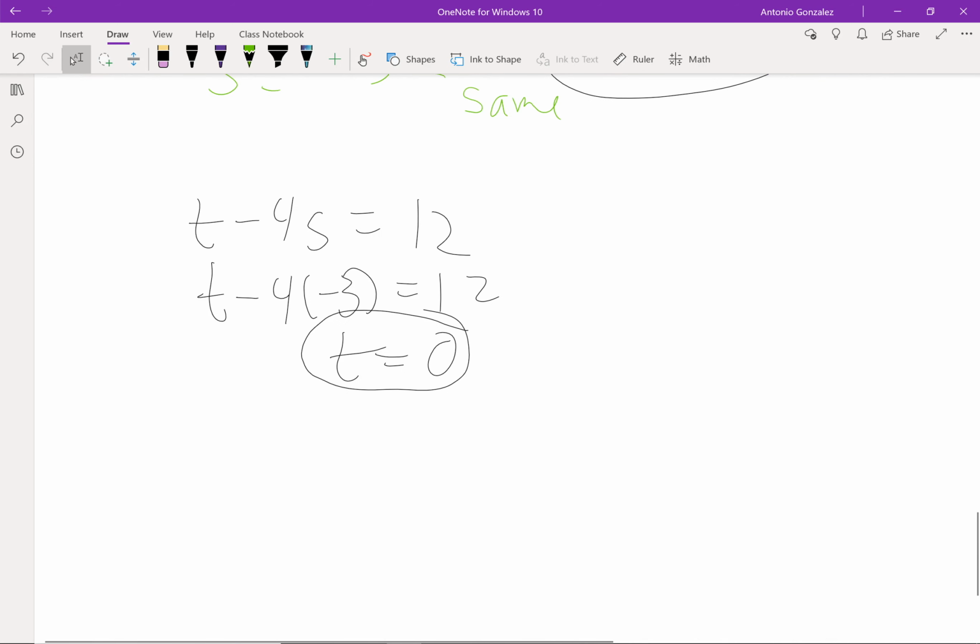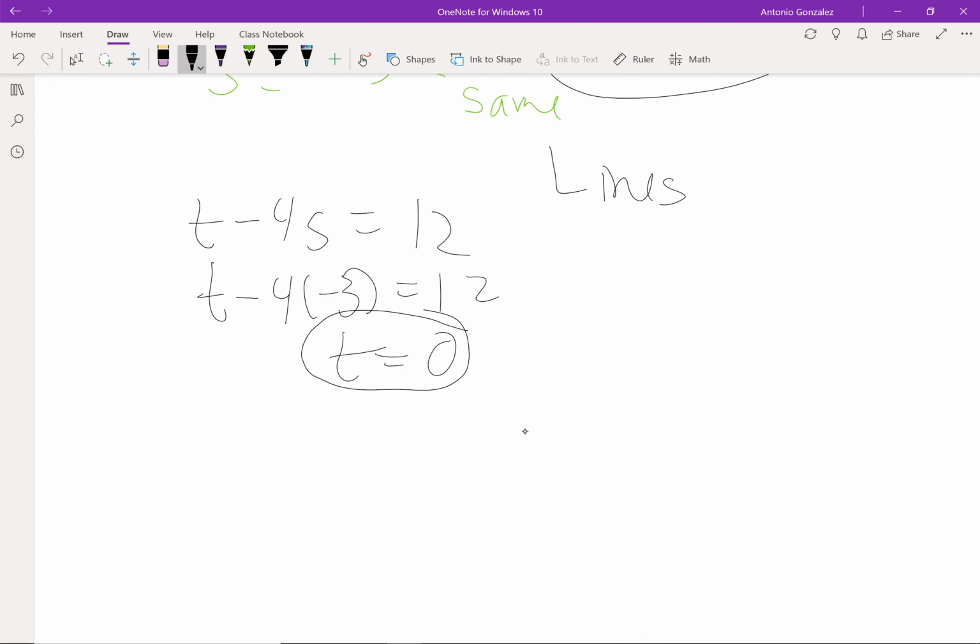What this is telling me is that the lines intersect, but now I want to take a step further and say where. So let's use that parameter to determine what the point of intersection is.